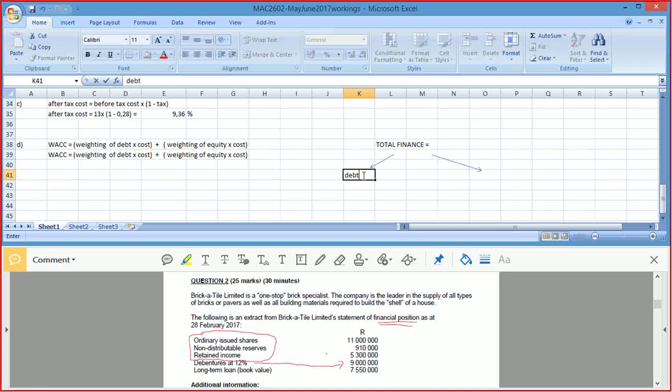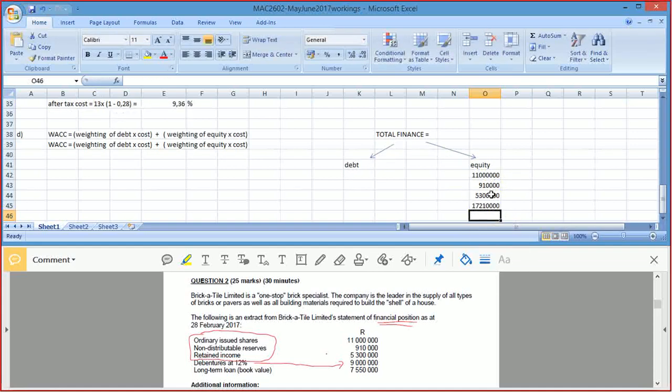Okay, so ordinary shares issued, equity 11, non-distributable reserve 910, retained income 53, equals, sum up all of that. Total equity 17.21 million.